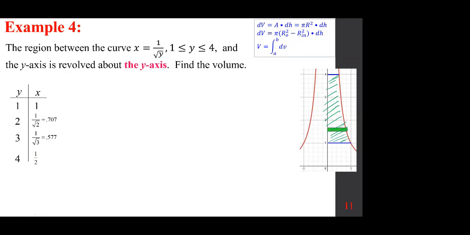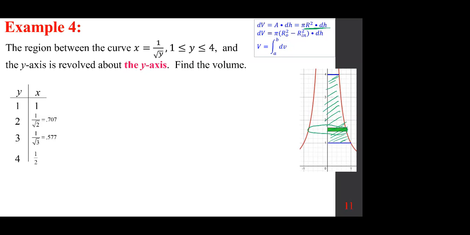So this is the typical piece that we pick, a rectangular strip, which is a horizontal one, and we go around the y-axis. When we do that, this will create a disk, everybody. This disk, we need to know the following. Take a look.